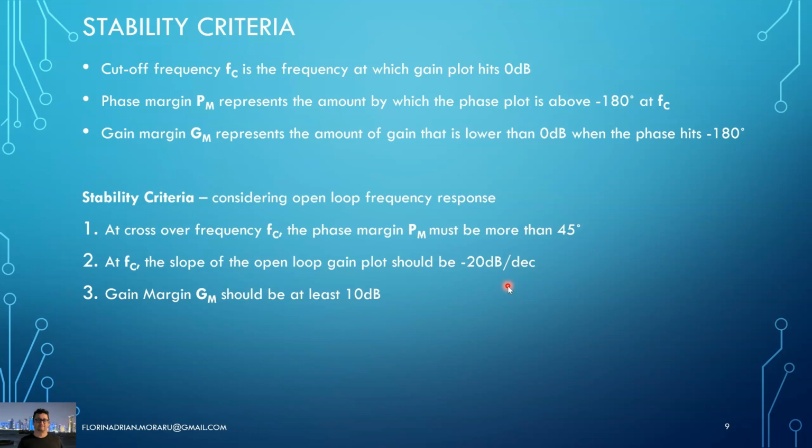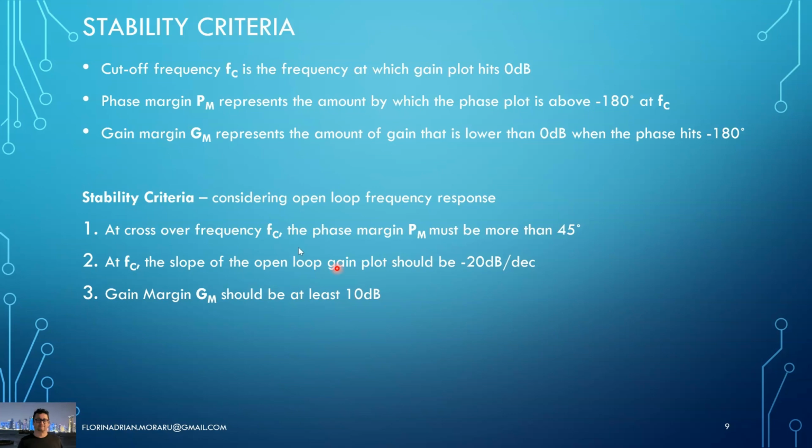In general, we will talk about the cutoff frequency, which is the frequency at which the gain characteristic in a Bode plot hits 0 dB. We will talk about the phase margin, which is the amount of phase above minus 180 degrees at cutoff frequency, and we will also talk about the gain margin, which is the amount of gain lower than 0 dB when the phase hits minus 180 degrees.